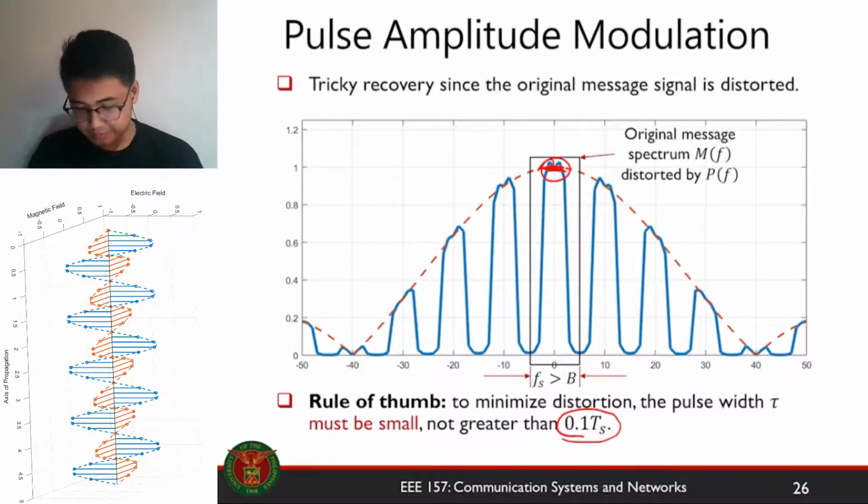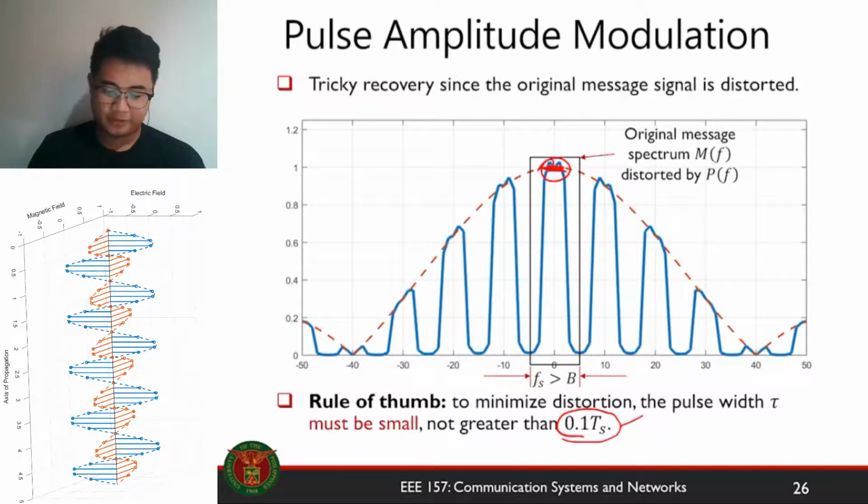If you don't want distortion, your pulse width should be less than 10% of your sampling period. However, that uses a higher bandwidth, so there's a trade-off. More of that in your higher courses; we won't talk about it here.